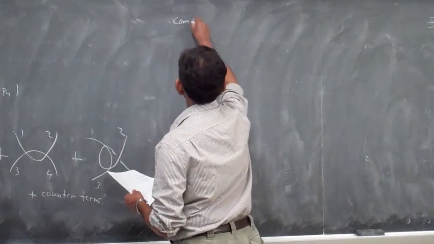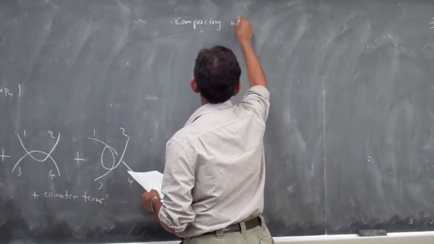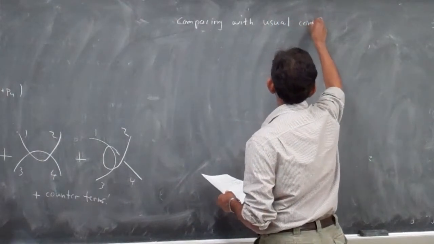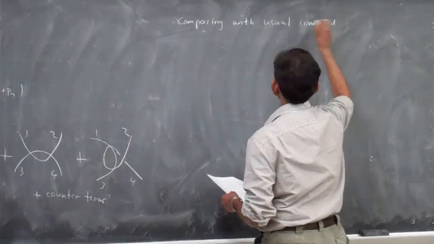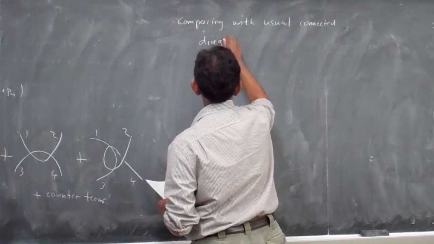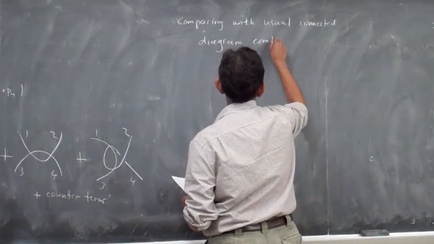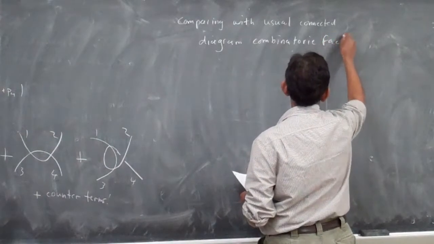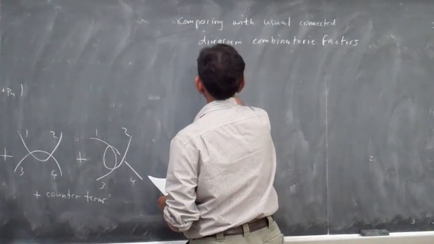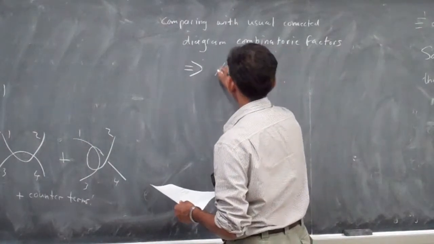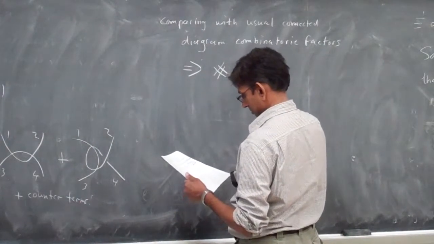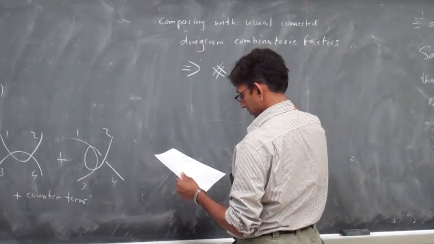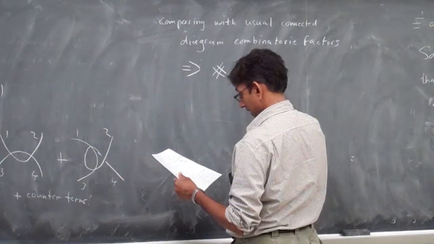So comparing with usual connected diagram combinatoric factors implies that the number is 1 over 8.